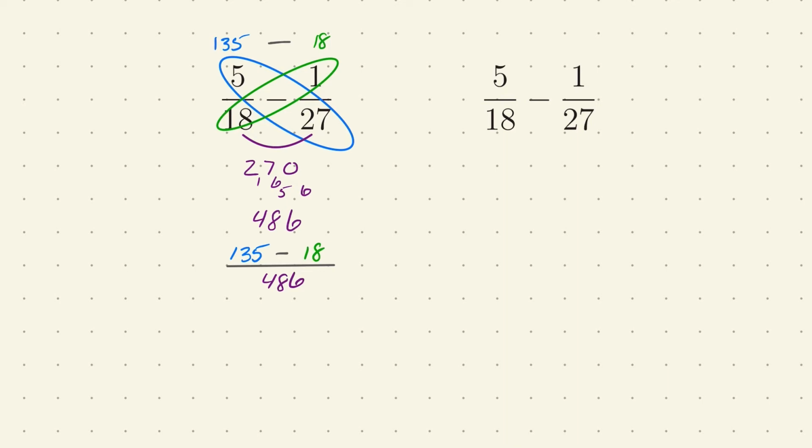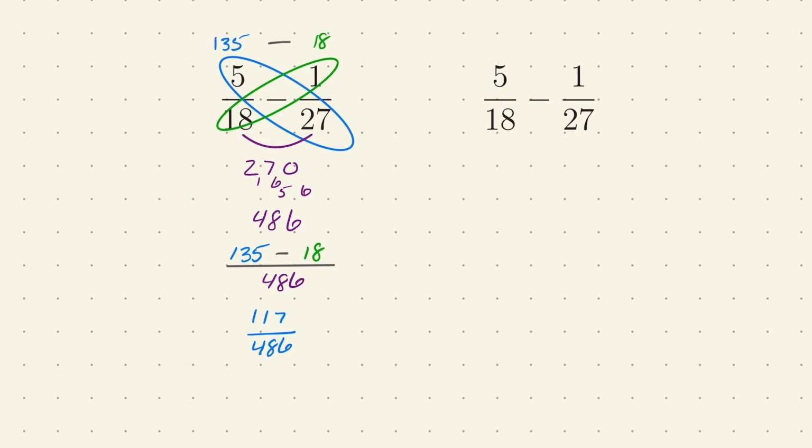So when I subtract 18 from 135, I have, let's see, 100. 3 minus 1 is 2, but I'm going to have to borrow, so I'm going to put a 1 down, and then 8 from 15 is 7, divided by 486.